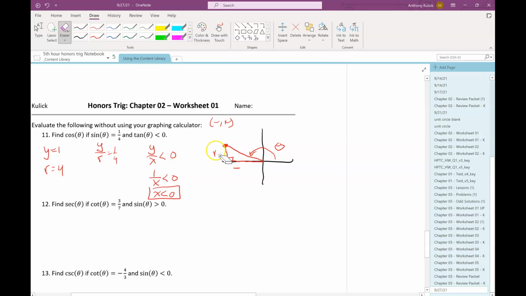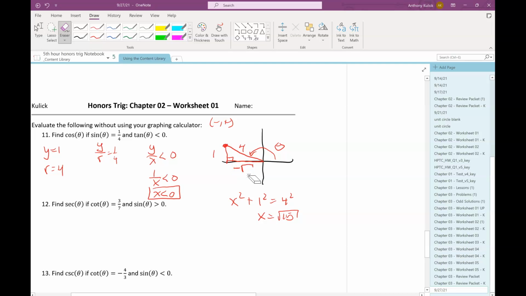I know the y side is 1. And I know the hypotenuse is 4. So I'm just going to use the Pythagorean theorem to find the length of that x side. So x squared plus 1 squared equals 4 squared. So x is going to just be the square root of 15. Okay with that? Yeah. Okay.